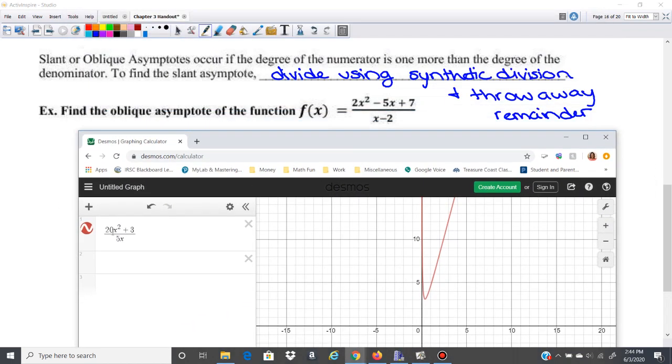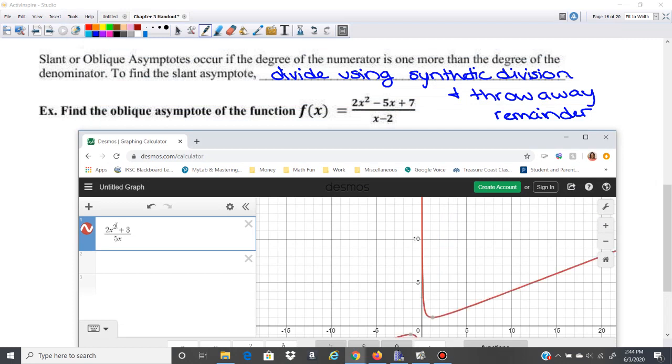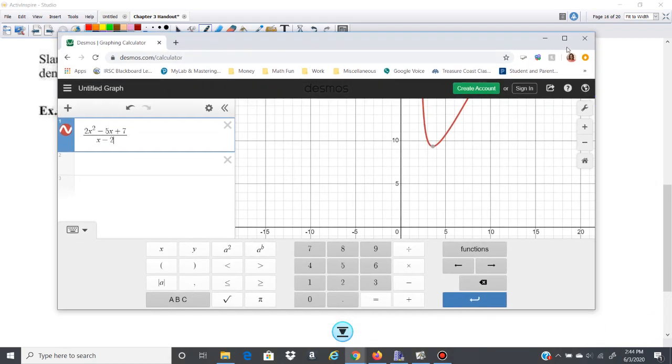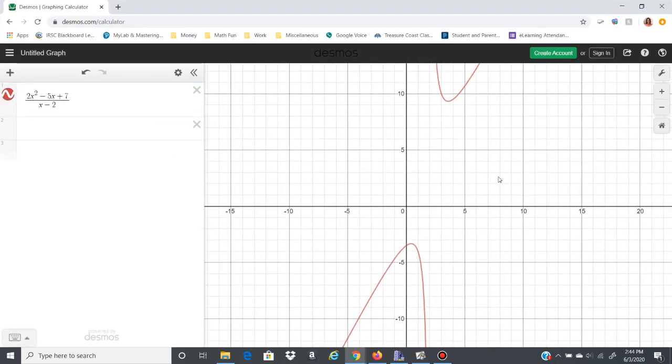2x squared minus 5x plus 7 over x minus 2. Okay, so let's look at this graph here. You see that? So let's say I'm graphing y equals 2x minus 1 on this one.